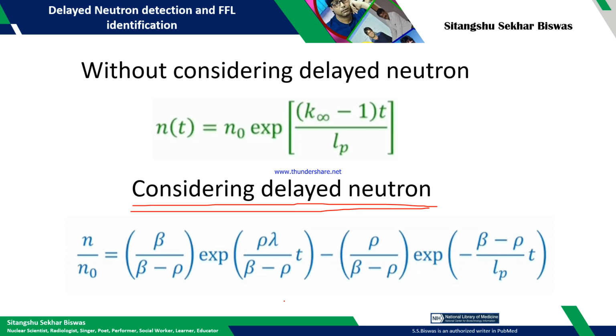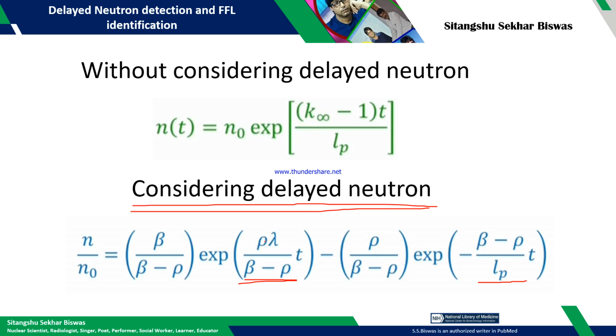And we saw that there are two roots, omega 1 and omega 2, and this lambda. So this is omega 1 and this is omega 2.